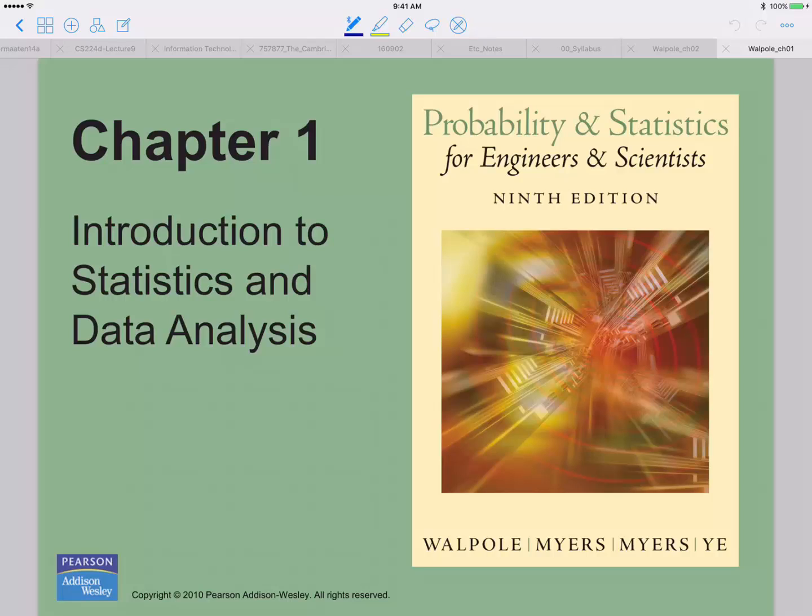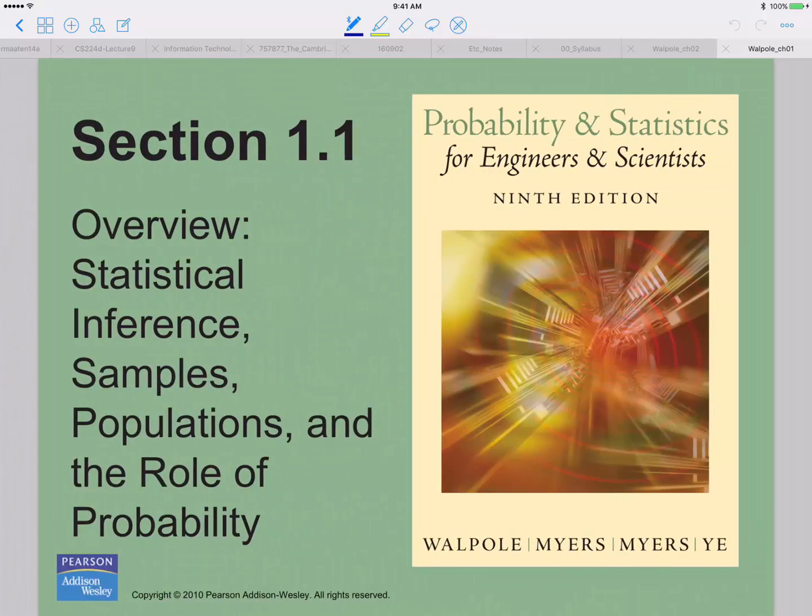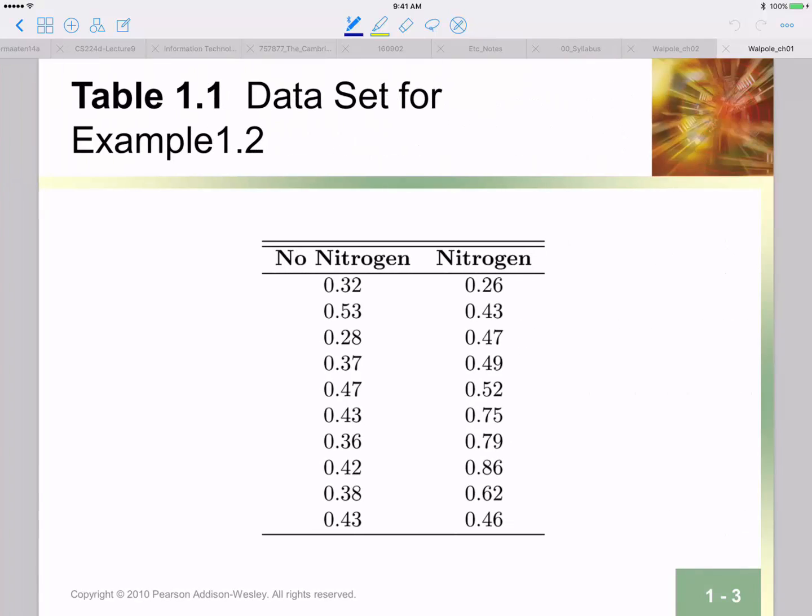Okay, so this is the slide, and let's go through it. This is one example of a data set, and there are two cases. I forgot what this means, but it could be like the height of a particular vegetable when it was provided nitrogen or not.